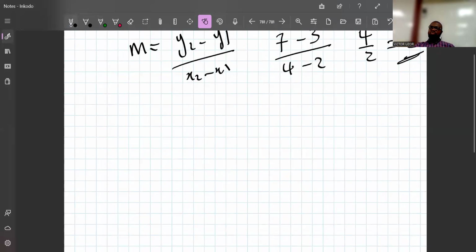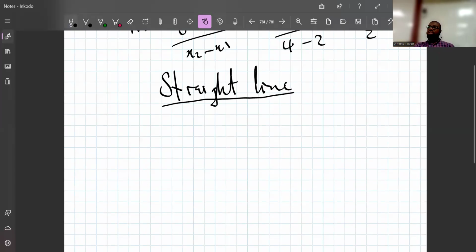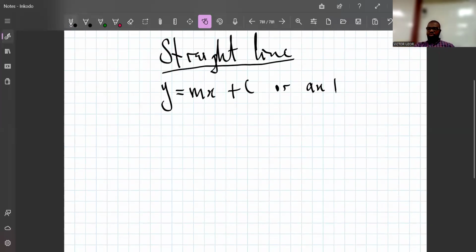Now that will take us to straight line. We are going to solve questions on straight line when we are done. Straight line can be in the form of y is equal to mx plus c, or ax plus by plus c equals 0.